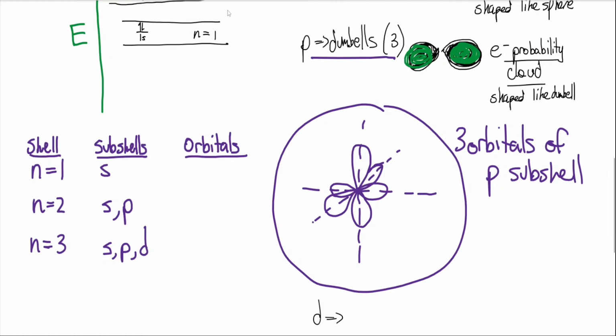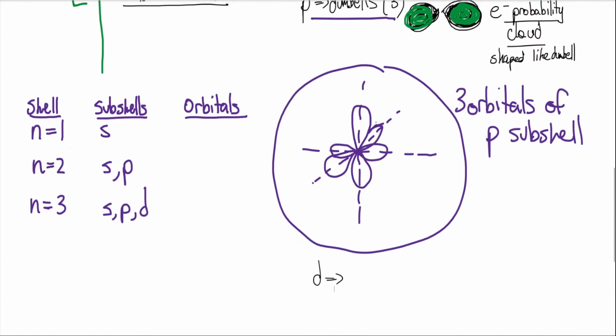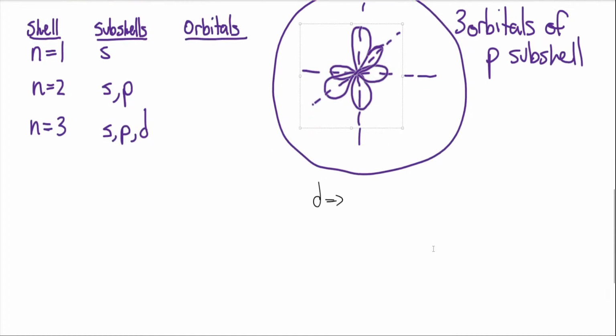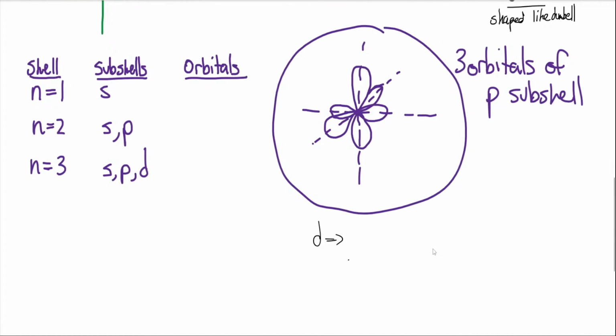They're all mathematically equivalent, but they don't look as equivalent as these ones do. For the D, there's no uniform shape, no single shape. But there are 5 of them.